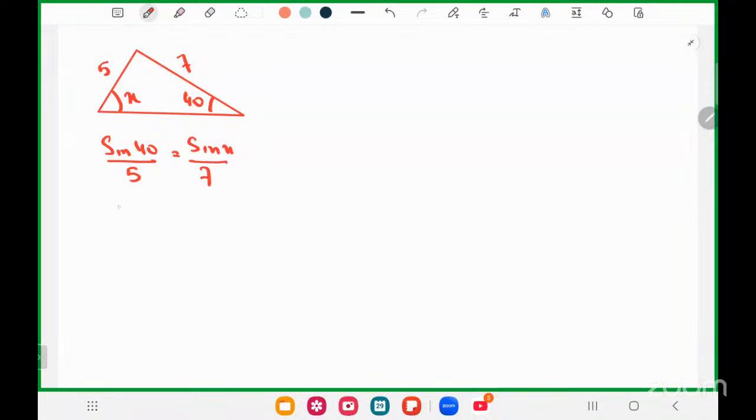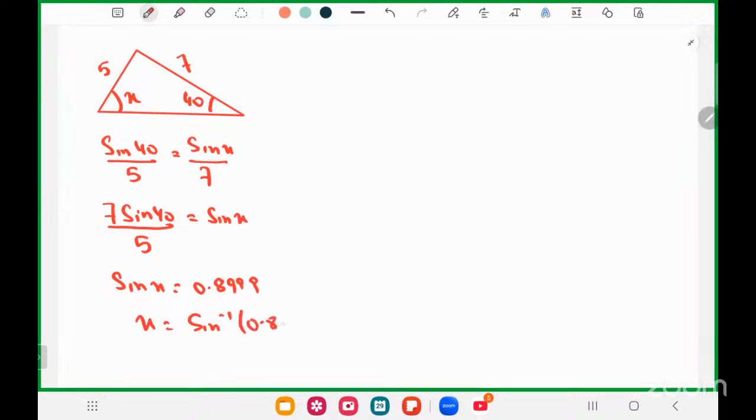I will cross multiply: 7 sin 40 upon 5 is sin x. 7 sin 40 divided by 5, sin x is 0.8999. X is sine inverse of 0.8999. X will be 64.15 degrees.